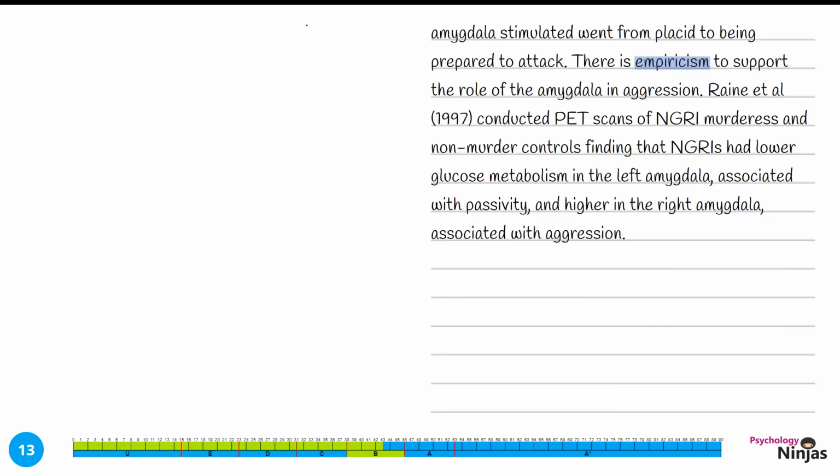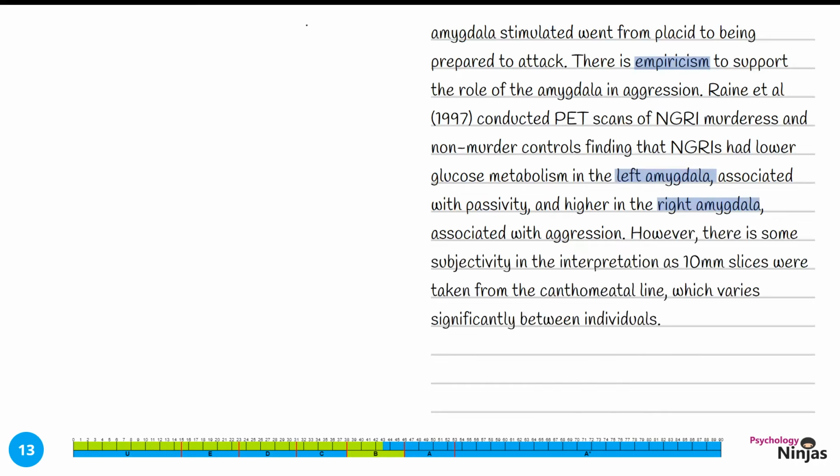We've shown detail in our knowledge here by giving specific findings about both the left and right hemispheric amygdalas in Raine et al.'s study. In order to develop our logical chains of reasoning, we're then going to give a counter-argument. However, there is some subjectivity in the interpretation, as 10mm slices were taken from the canthomeatal line, which varies significantly between individuals.